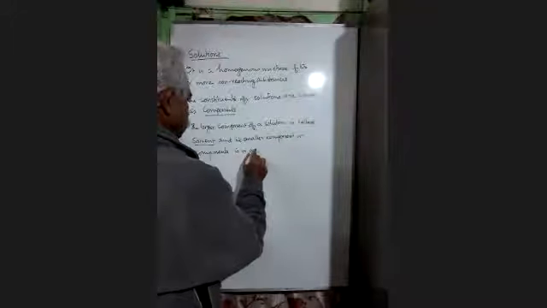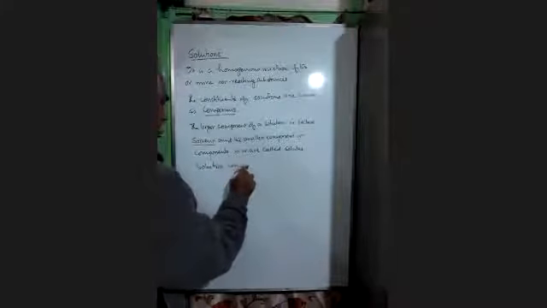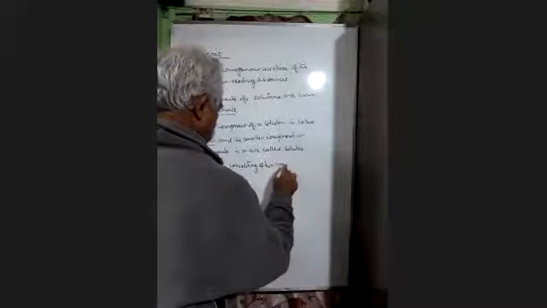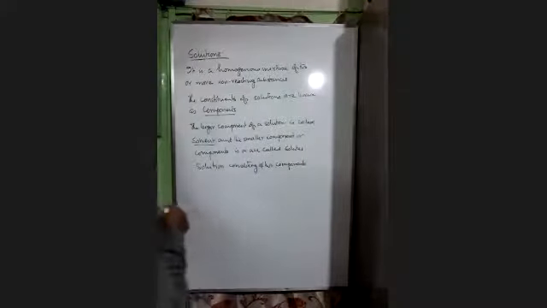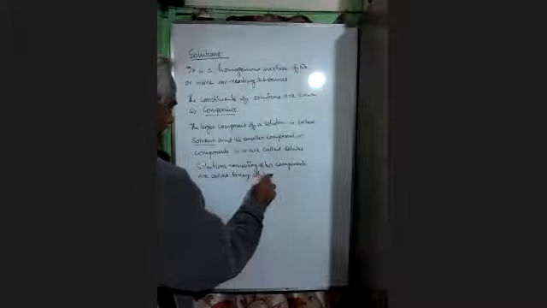Then it is this also. A solution containing two components is called a binary solution, right?